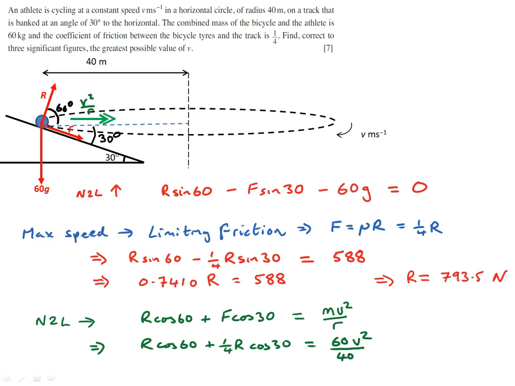We already know that R is 793.5. So the left-hand side becomes 568.5 equals 1.5 v squared.